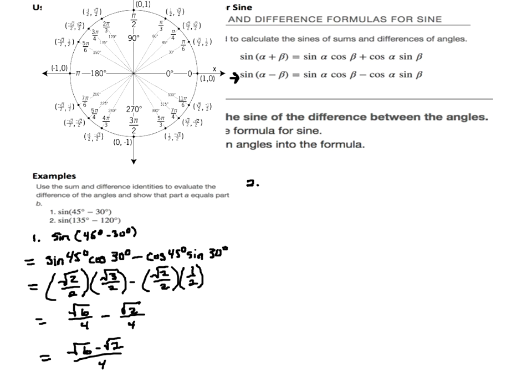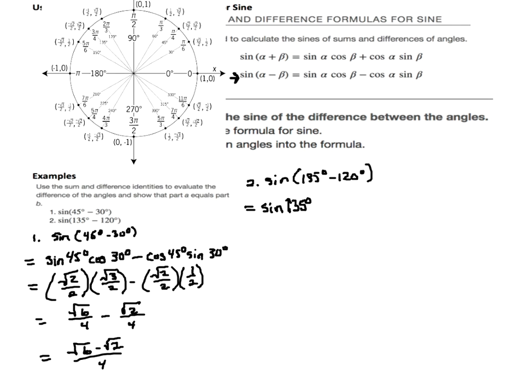Now let's look at it with the same value once subtracted, but different special angles. Sine of 135 degrees minus 120 degrees. Okay, I need to just write the degrees first.